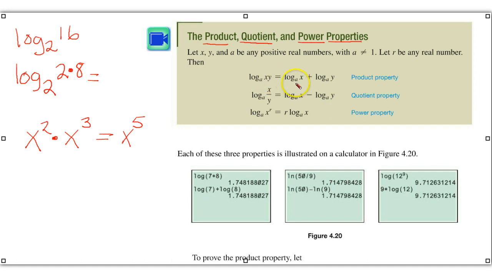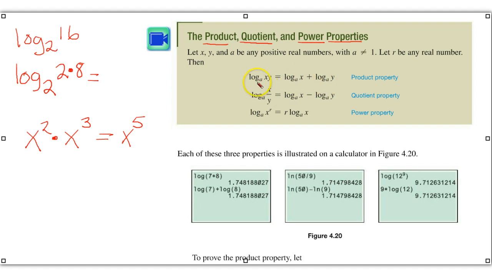But when we're dealing with logs, we are going to add, and that's what they're showing here, that this is x times y. We treat this multiplication as actually addition.